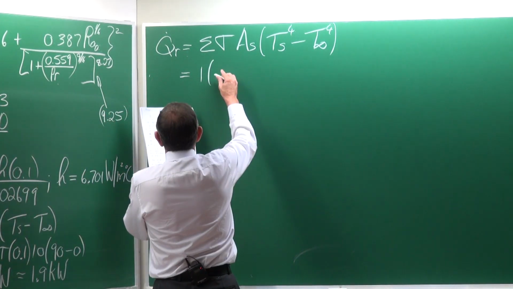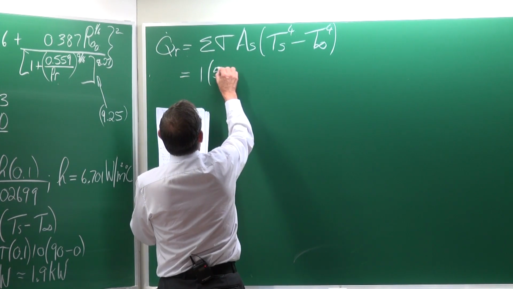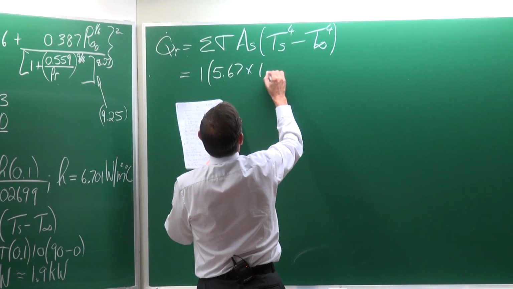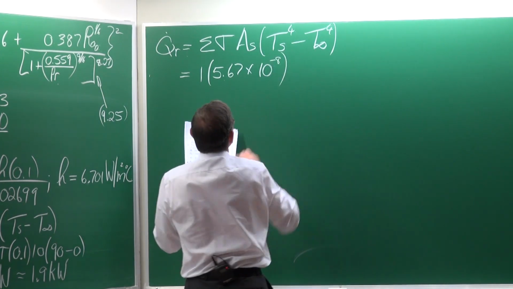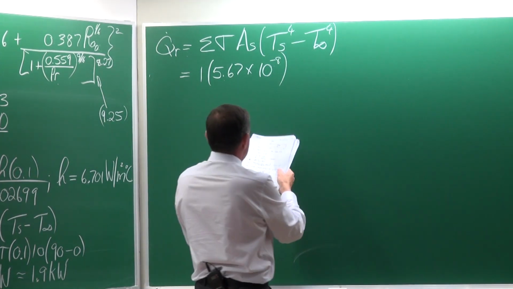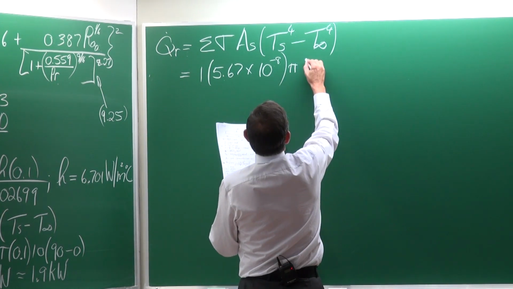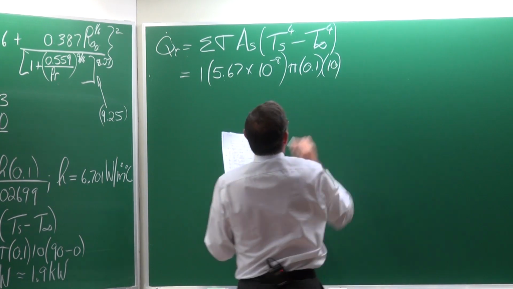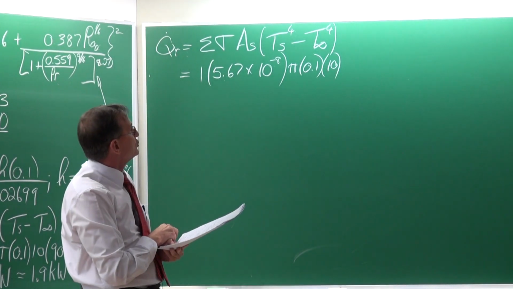The Stefan-Boltzmann constant is equal to 5.67 multiplied by 10 to the minus 8. The surface area through which the heat transfer occurs is pi multiplied by the diameter multiplied by the length of this tube.